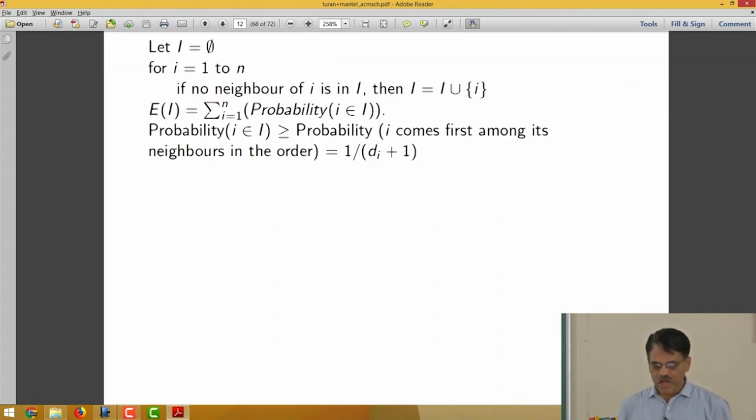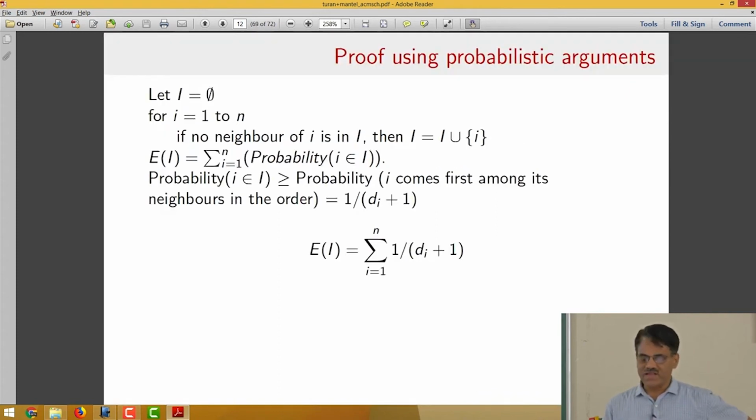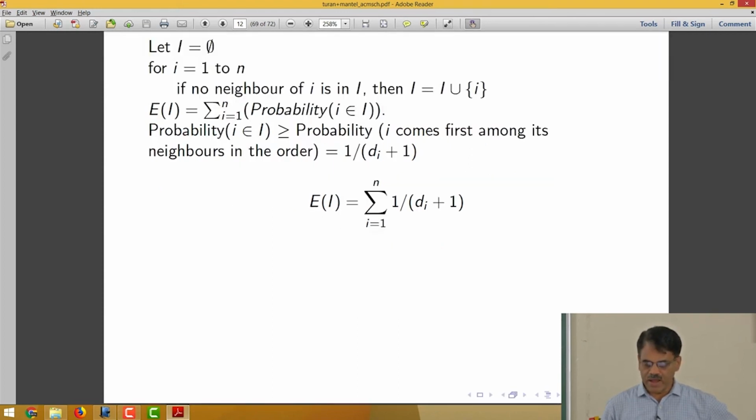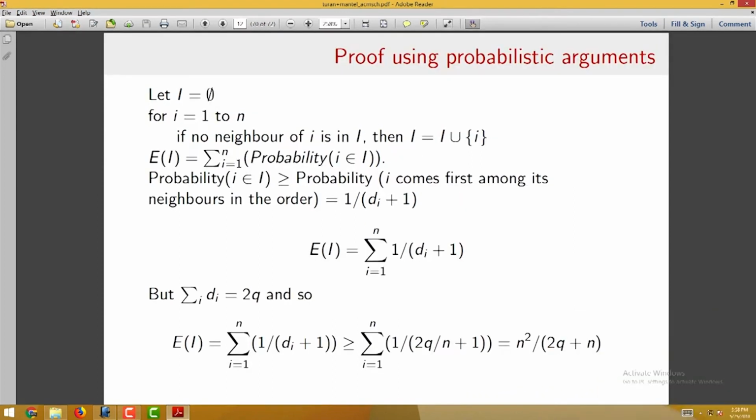So the expected size of the independent set, which I get by this greedy algorithm, is actually greater than or equal to, because these probabilities are greater than or equal, the summation of 1 by di plus 1, where di is the degree of vertex i. Again, by some inequality, this is minimized if all the degrees are equal.